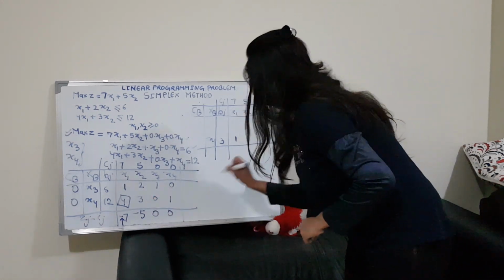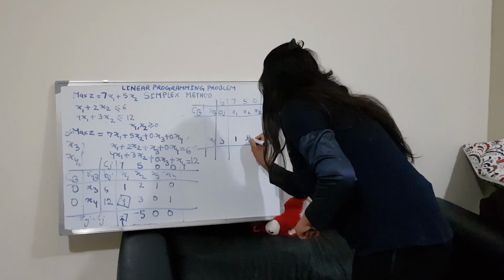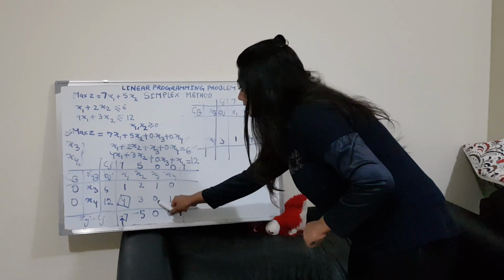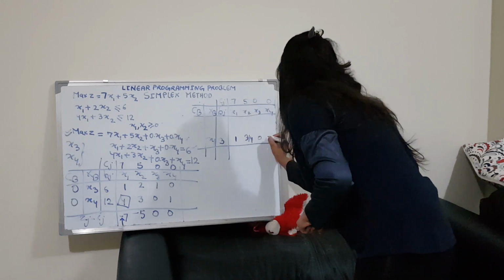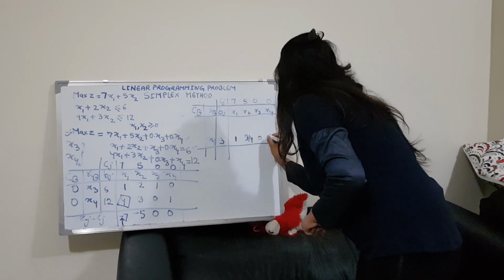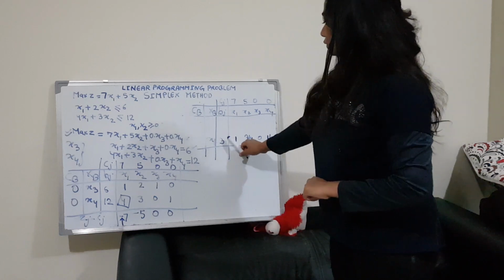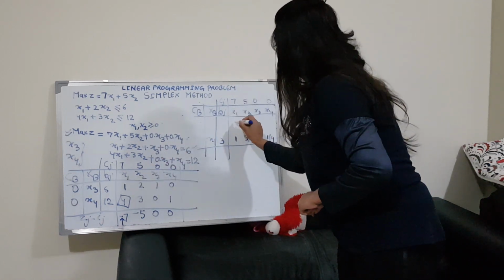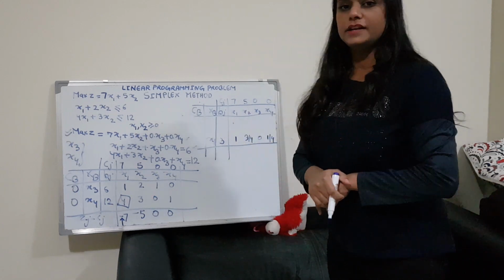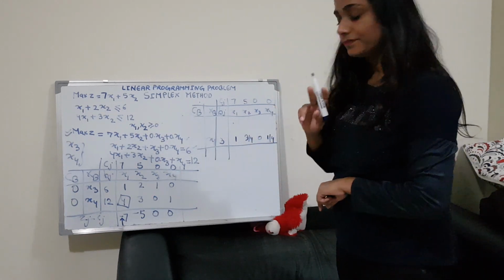And 3 by 4. Here 0 by 4 is 0. And here 1 by 4. So 1 is there.